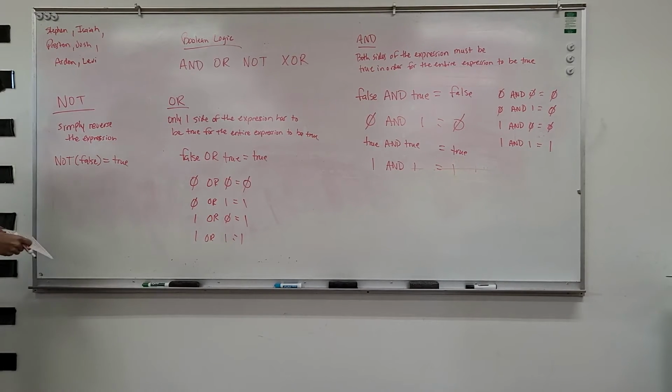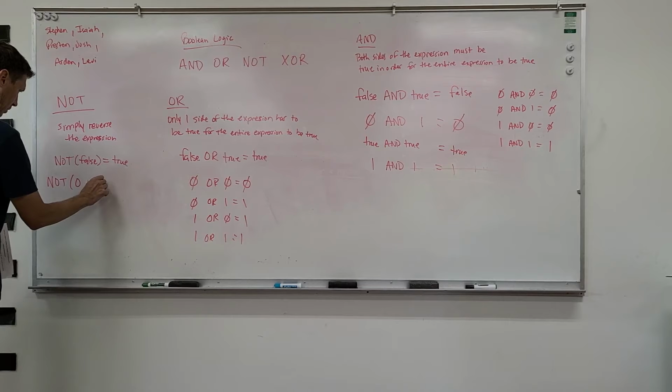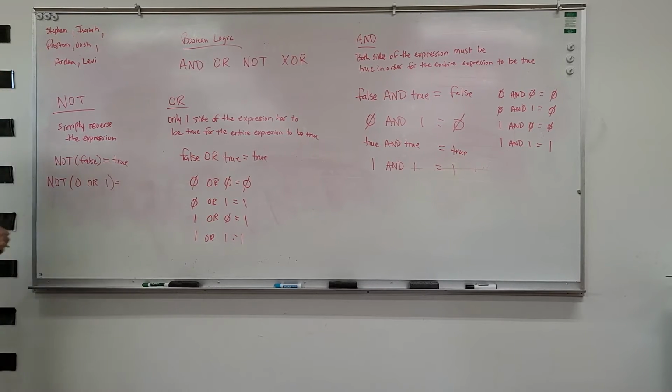If I do, check this one out, if I do not (0 or 1), what is that going to do? Boolean logic, just like when you're doing any other kind of math problem, if you've got parentheses in it, work your parentheses first. All right, so when we start programming, that's going to be important. If I want to force the computer to evaluate my expression in a certain order, then I use parentheses to do that, right?